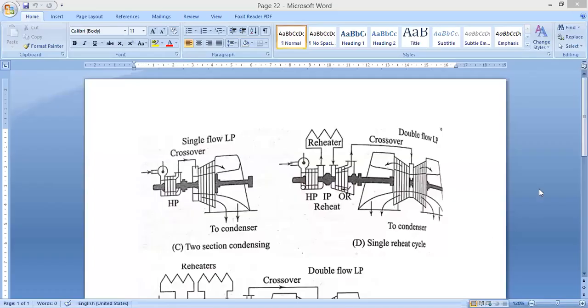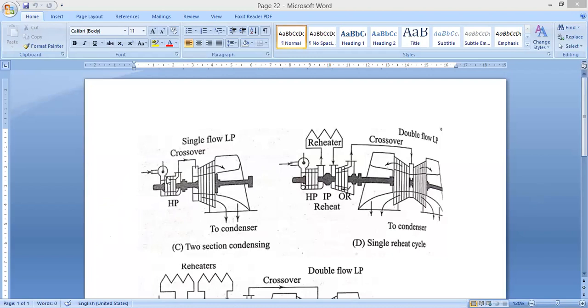Now, here what you see is the steam turbine with two section condensing. What is going on here? The pressure is coming here, and the vapor comes inside through a header.